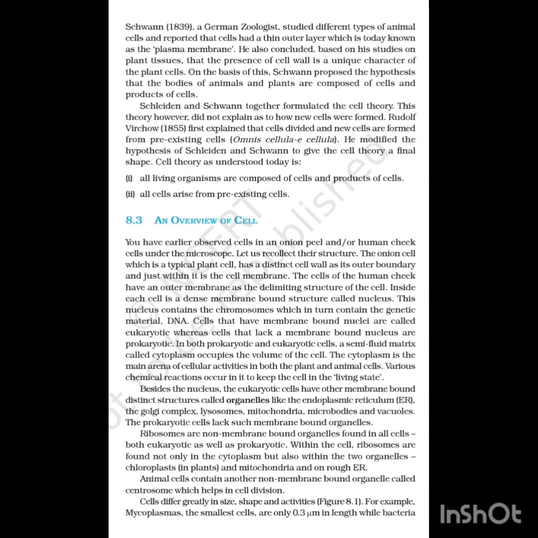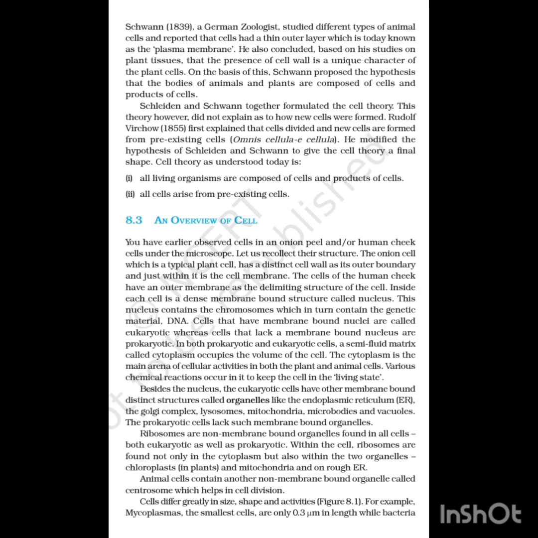In 1838, Matthias Schleiden, a German botanist, observed a large number of plants and said that all plants are composed of different types of cells, and all cells form the tissues of the plant. We all know that life exists from cells, then tissues, then organs, and then organisms.